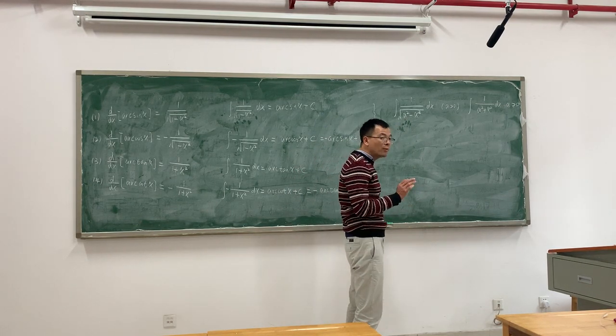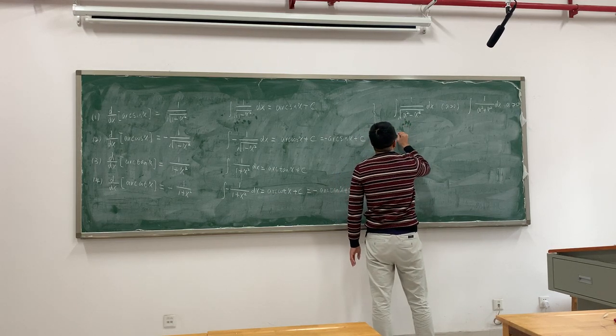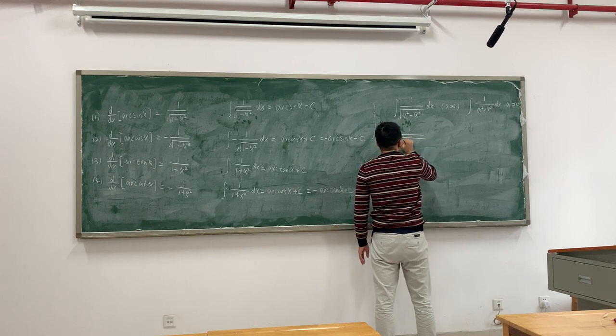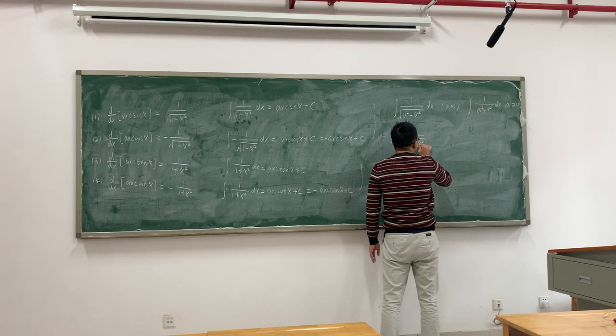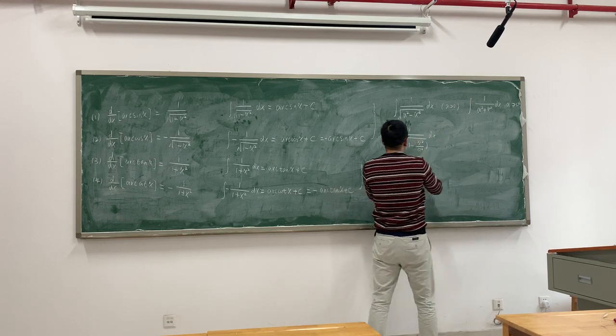So here we can write this one as equal to 1 by the square root of a squared, taking out a squared, so here is 1 minus x squared by a squared. So they are the same.